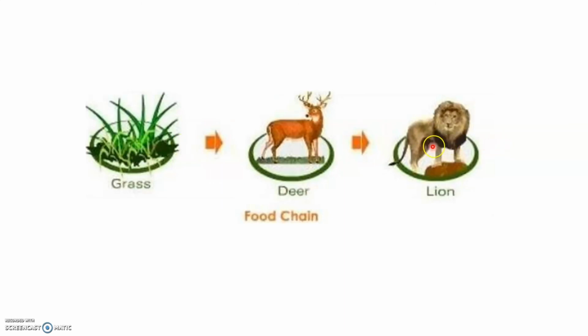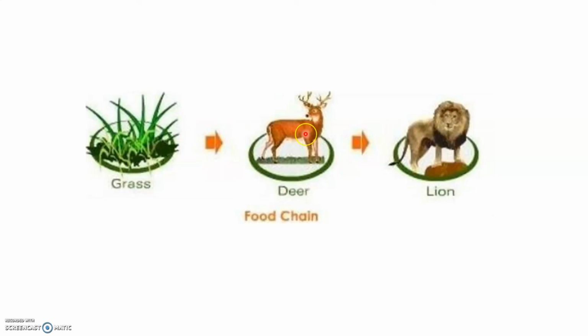So we have seen that when there is no lion in the food chain, it disrupts the balance of nature, which means the number of deer in the forest would increase. And when the number of deer in the forest increases, all of them need more grass.